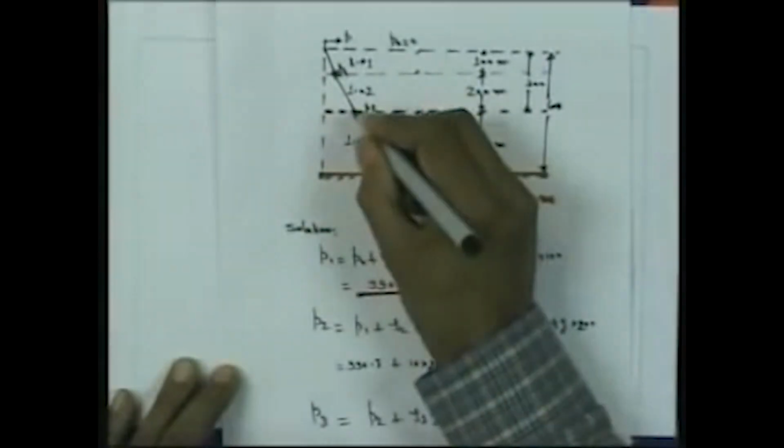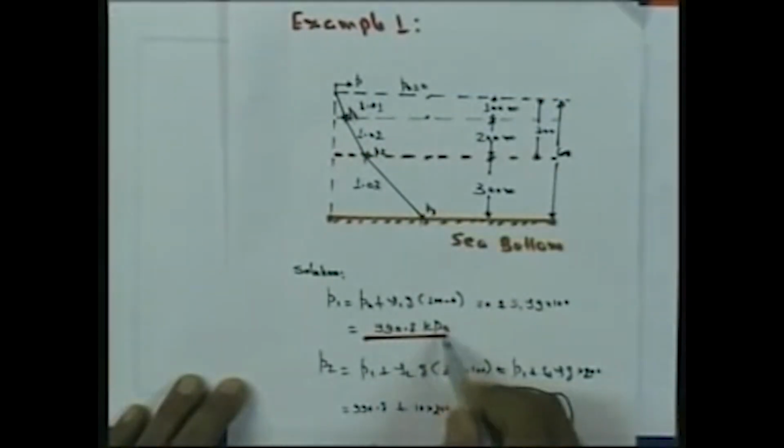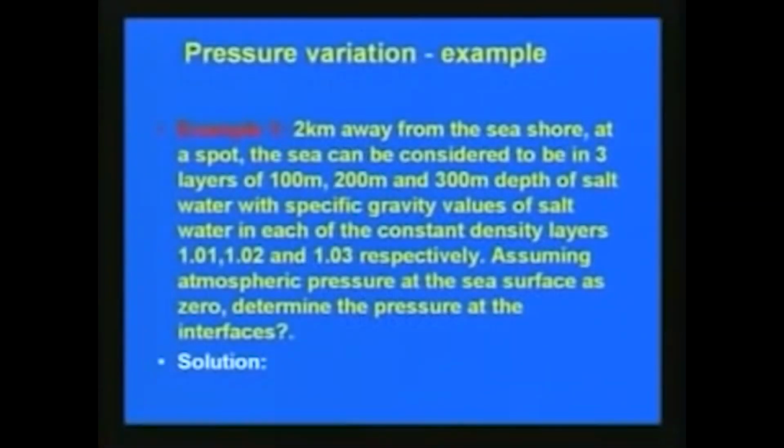So, the pressure at the bottom of the sea will be 6022 kilopascal, at the interface between layer 2 and layer 3 it will be 2990.8 kilopascal, and between layer 1 and 2, P1 will be 990.8 kilopascal. So, using the general equation which we have derived earlier, we can determine the pressure variation like we have illustrated in this particular problem.